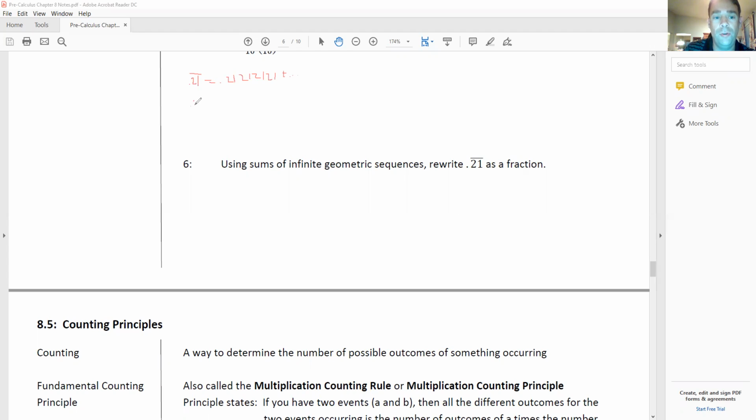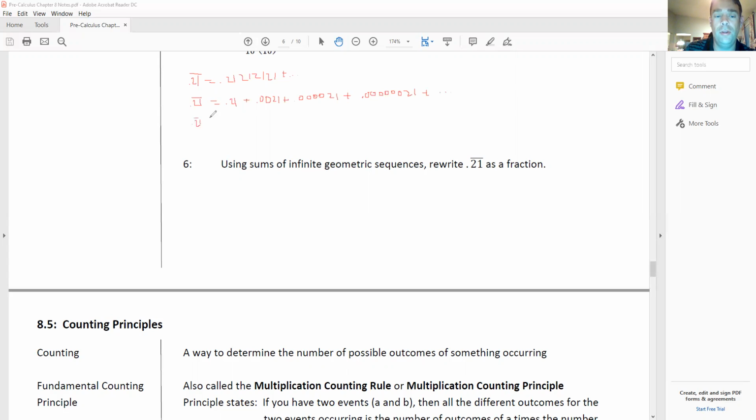So that means I could probably write that as 0.21 plus 0.0021 plus 0.000021 plus 0.00000021. You kind of get the idea, right, friends? Plus, and we keep going on forever.